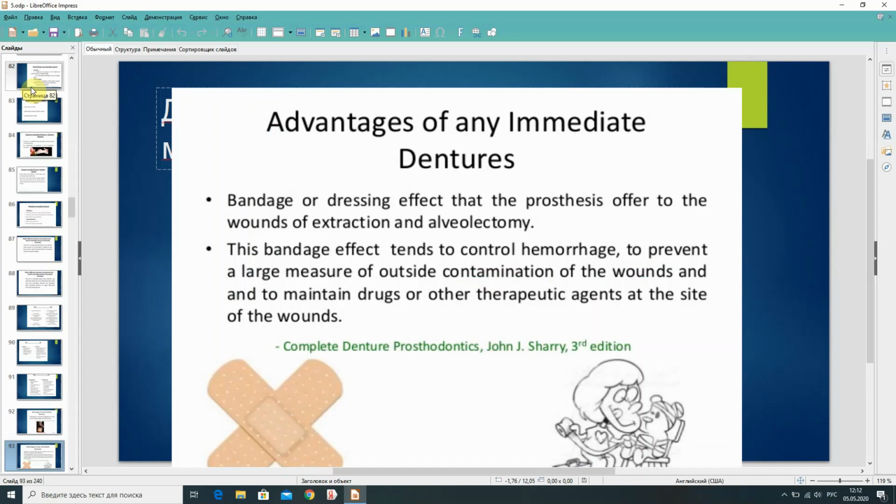This bandage effect tends to control hemorrhage, to prevent a large measure of outside contamination of the wounds, and to maintain drugs or other therapeutic agents at the site of the wounds.